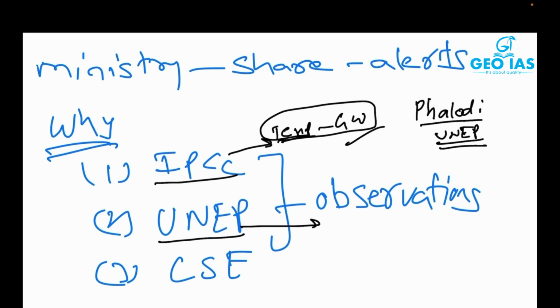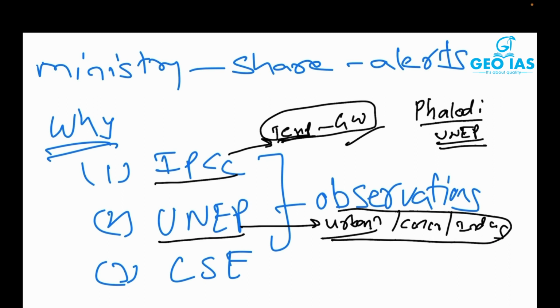UNEP in one of its reports mentioned that urbanization, concretization, and industrialization, these three are playing an important role in the rise and repetition of heat waves.